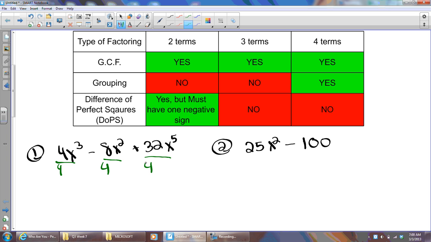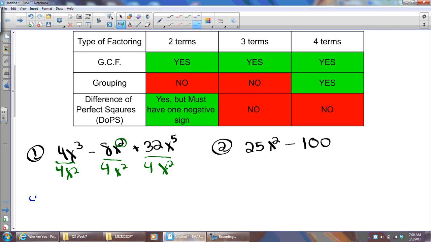And then I need the GCF of x cubed, x squared, and x to the fifth. Well, the lowest exponent is 2, so it's going to be an x squared. So I am going to factor out a 4x squared from each term of this trinomial.